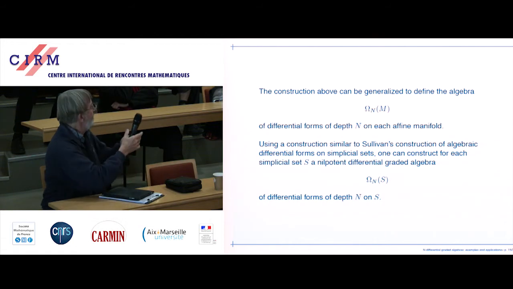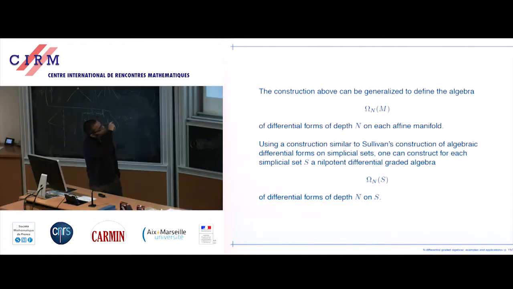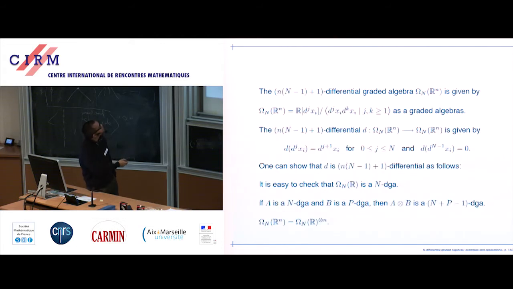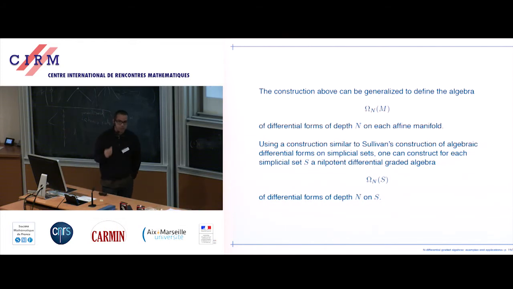Well, this is what I can do. For any affine manifold, which is a very strong restriction, not for an arbitrary manifold, I can define what is the de Rham complex of depth n. And this de Rham complex has this nilpotency. This is an N-differential graded algebra. This is what I can do, but only for affine manifolds, so it's very restrictive.